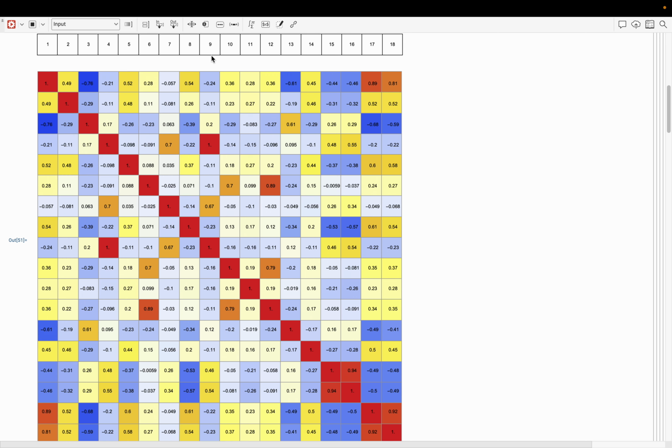It seems that variable number 9 is very strongly correlated with variable number 4. Therefore, we definitely will not use both of them in our model, because this will cause the model to crash.